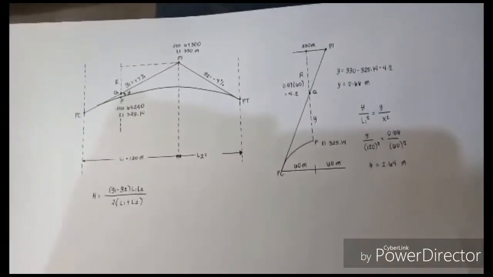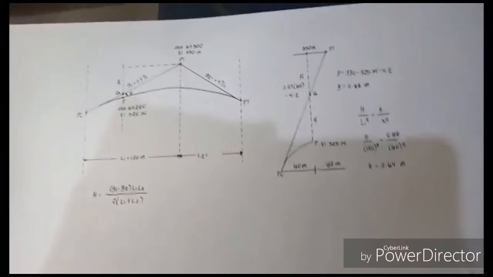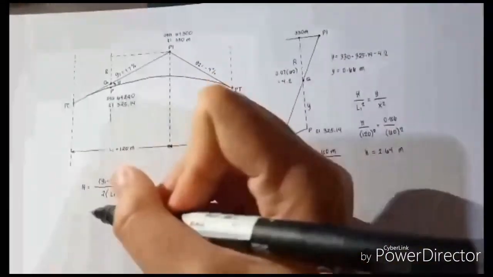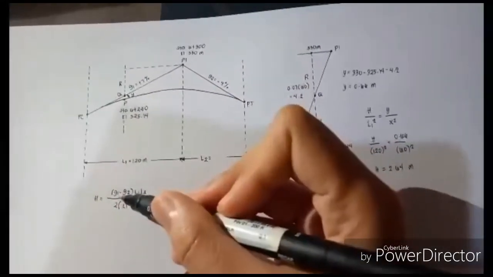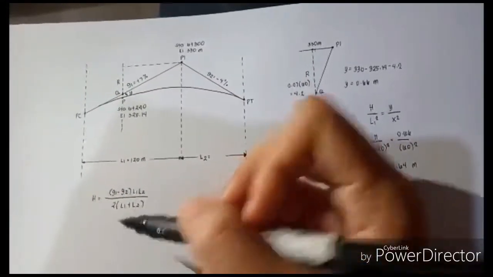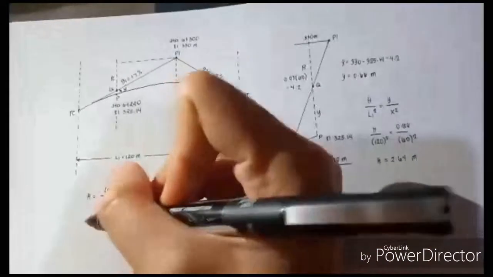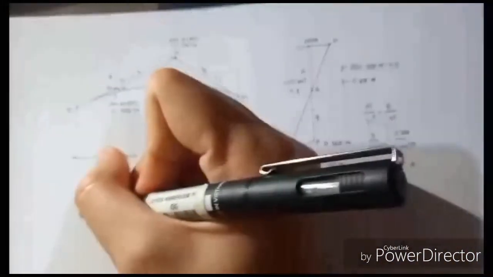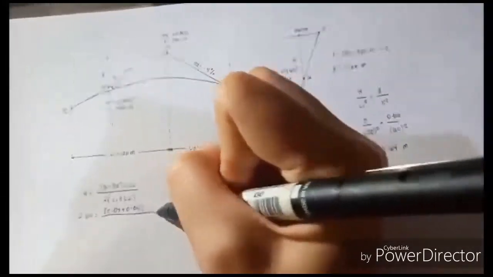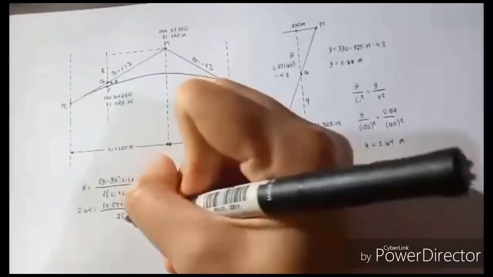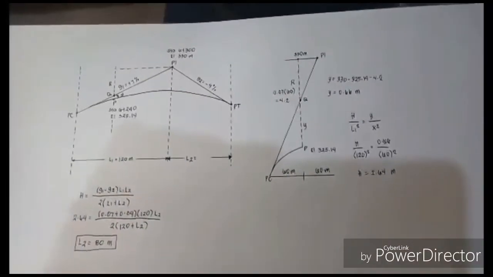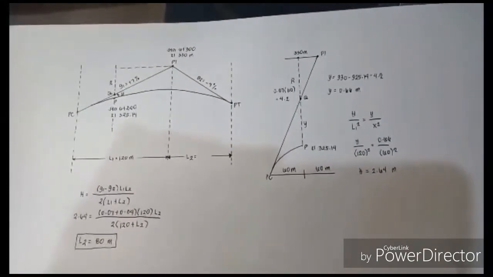And since nakuha na natin yung value ng H, ito yung gagamitin nating formula since may value na din yung G sub 1, G sub 2, tas L sub 1. So, we will just substitute the given values. Our L sub 2 is 80 meters.